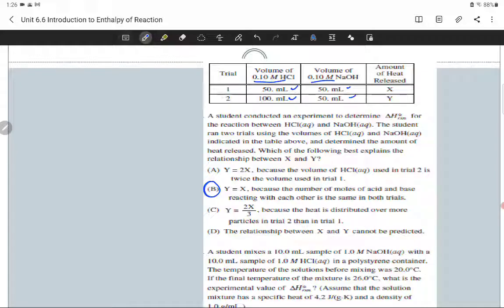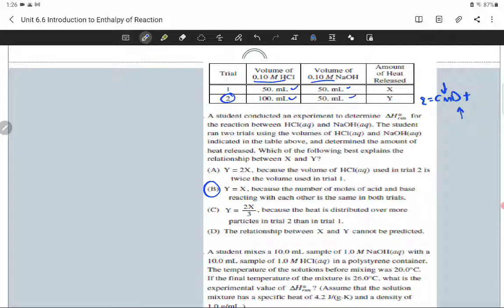For trial 2, there's more volume, more grams, in this case for Q equals Cm delta T. There'd be more m that you'd have to worry about there. Because you have more m, it's going to take more heat to get the same delta T. So this delta T will actually be less.